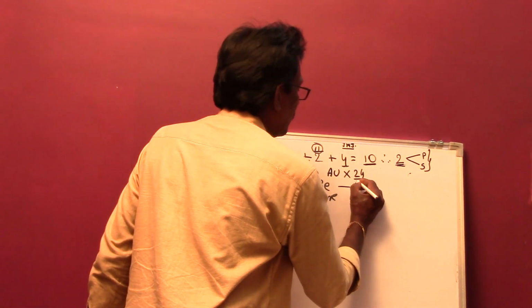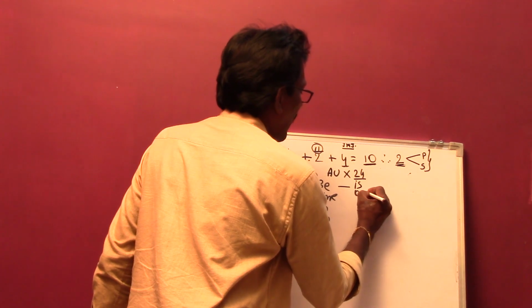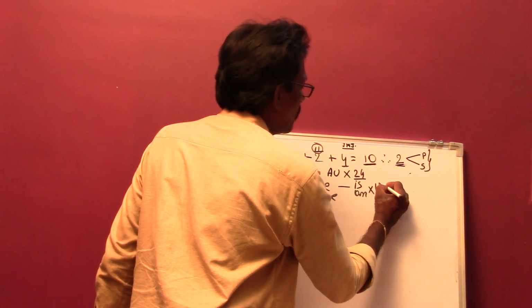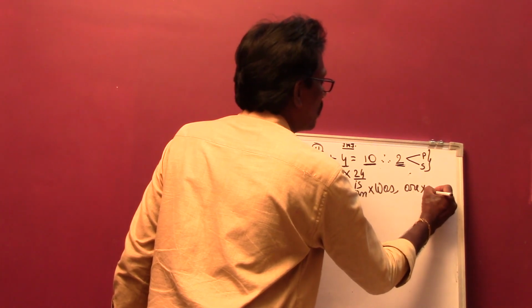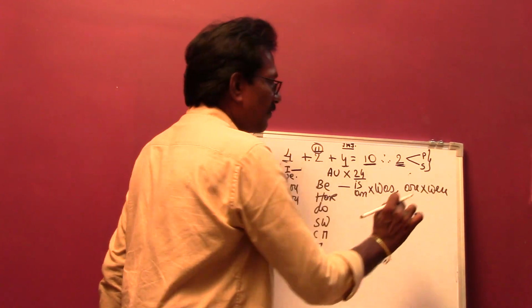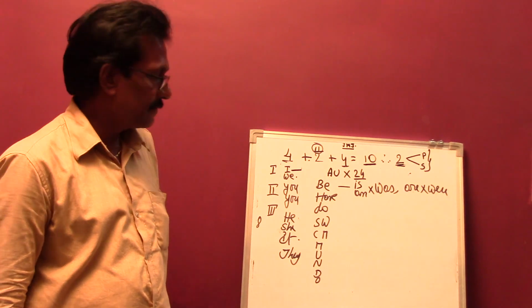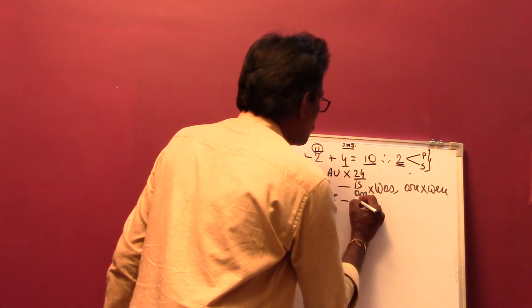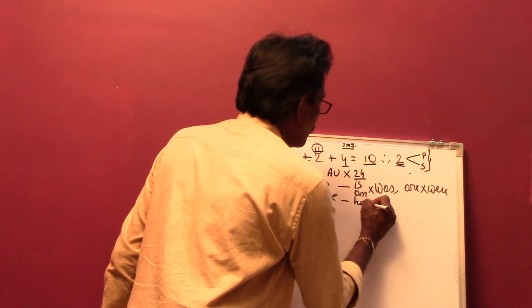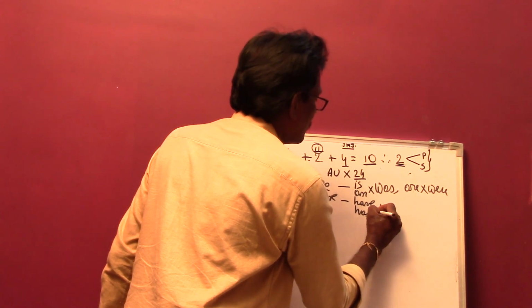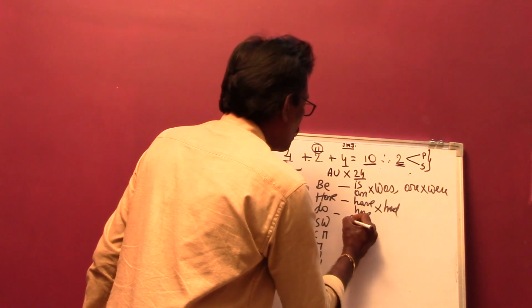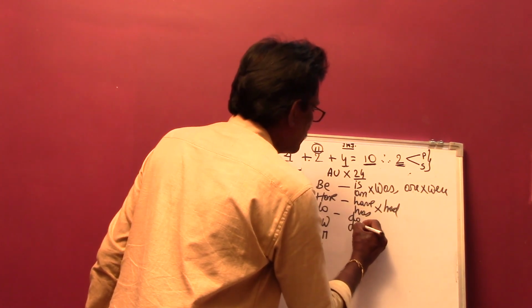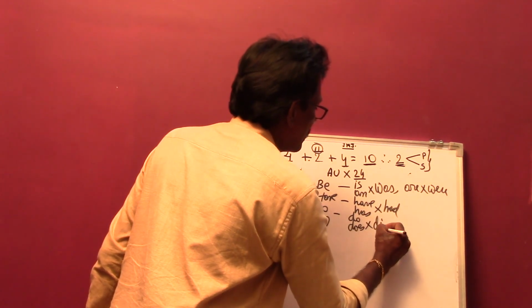Be forms: is, am becomes was; are becomes were. These 5 are called be form verbs. Have forms: have, has becomes had. Do, does becomes did.